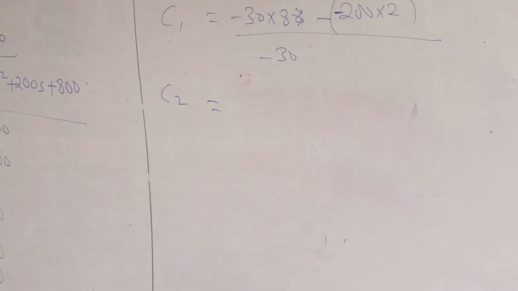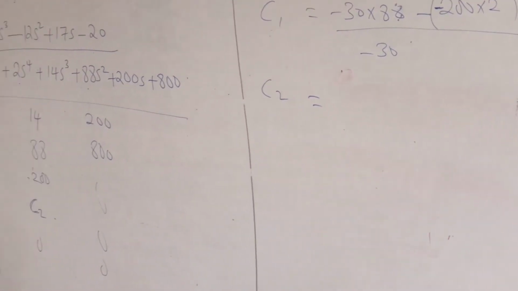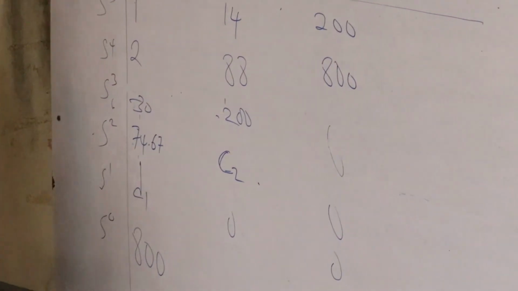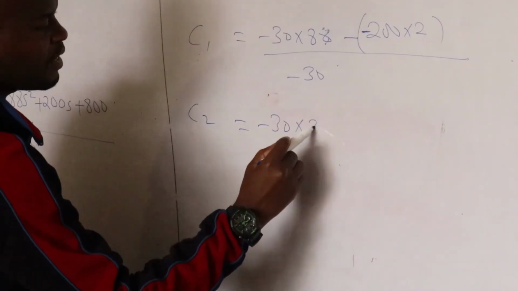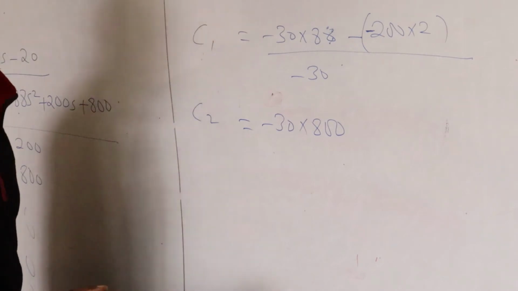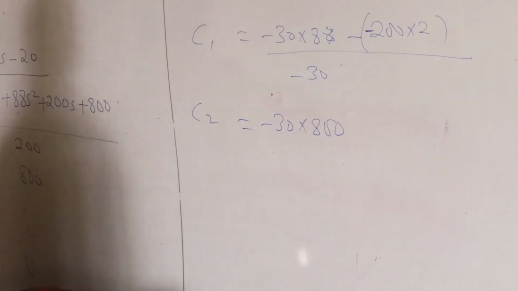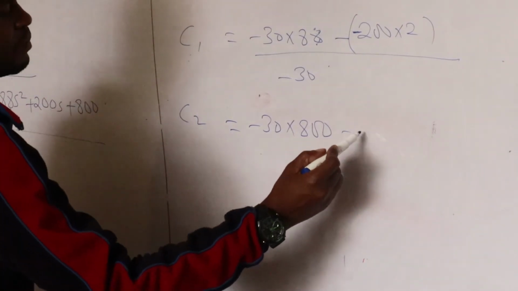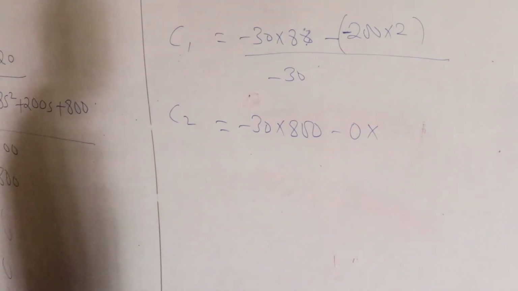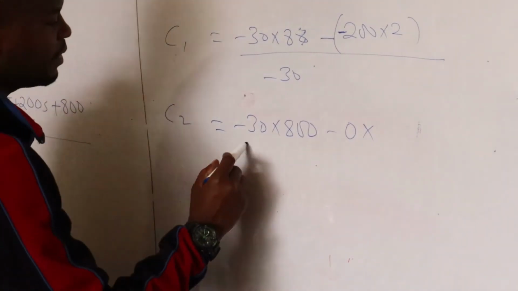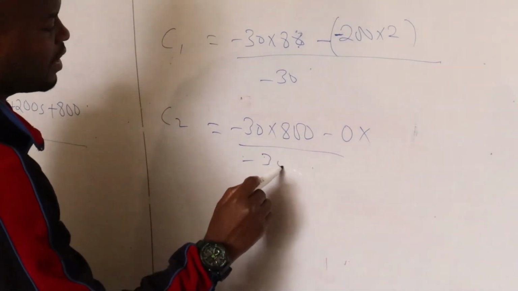It is true. Minus 30 times 800 minus 0, all over minus 30. Yes, it is 800.